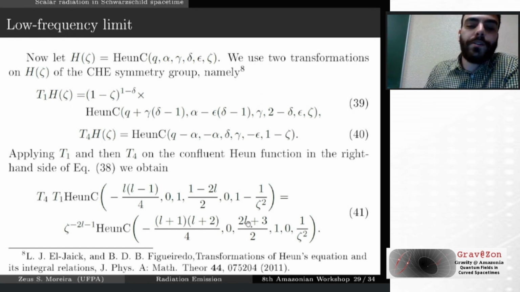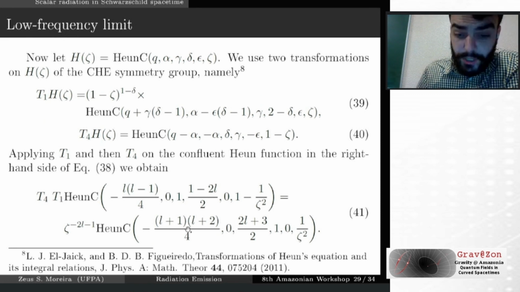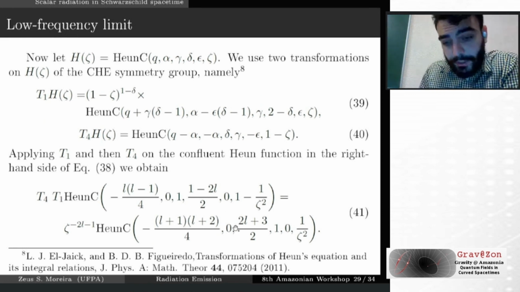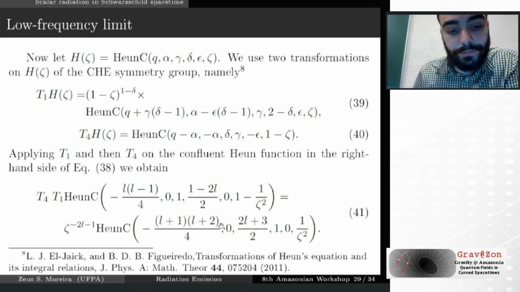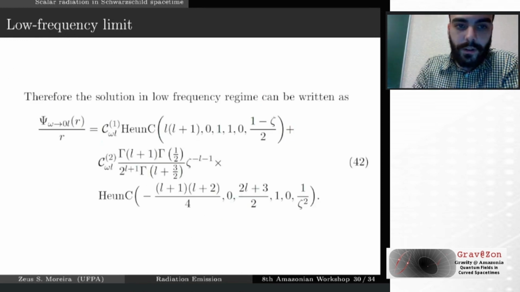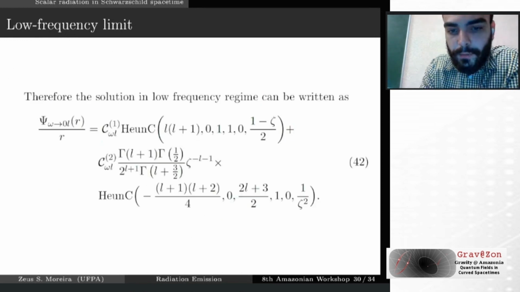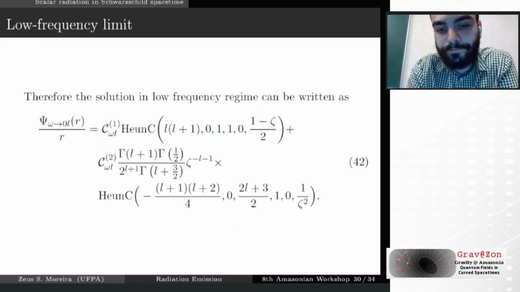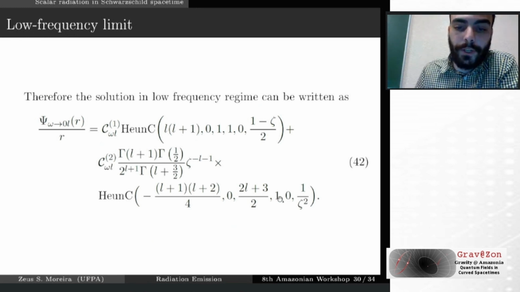And we arrive at this new confluent Heun function here in equation 41. And the good news is that this new confluent Heun function is now linearly independent of the first one. And hence, we can express the general analytical solution for the low frequency regime as a linear combination of these two Heun functions, according to equation 42.